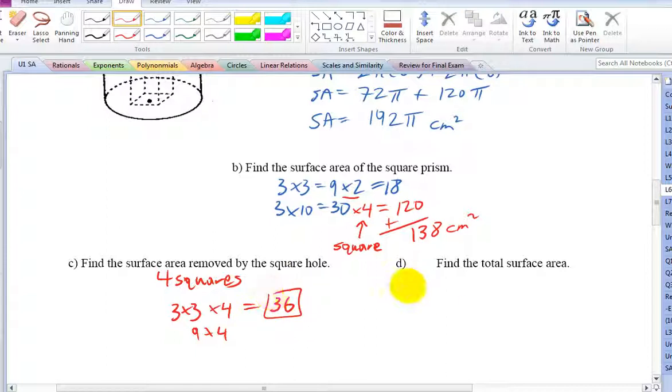Total surface area then, add them together. 192 pi plus 138 pi. And then we have to remove the tops and the bottoms.